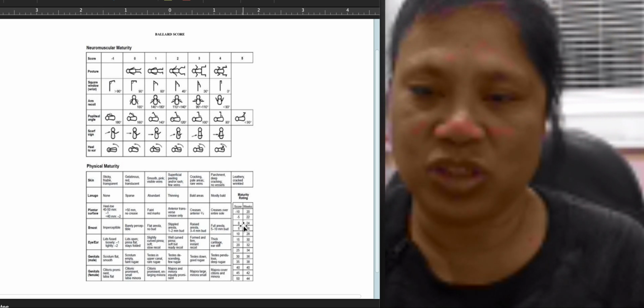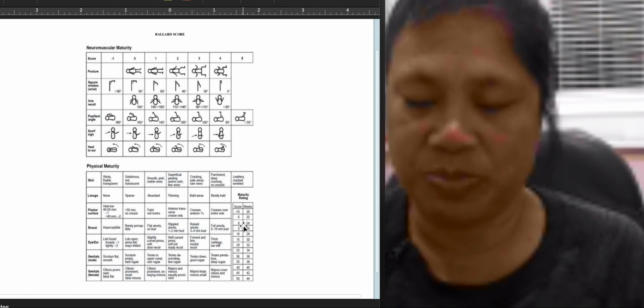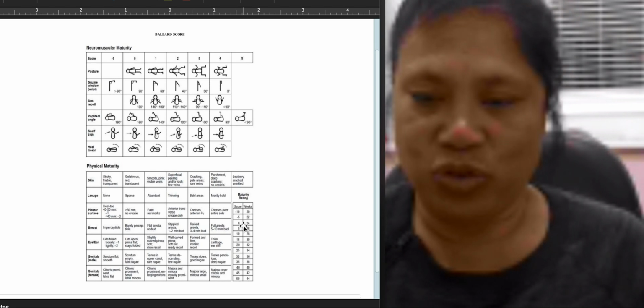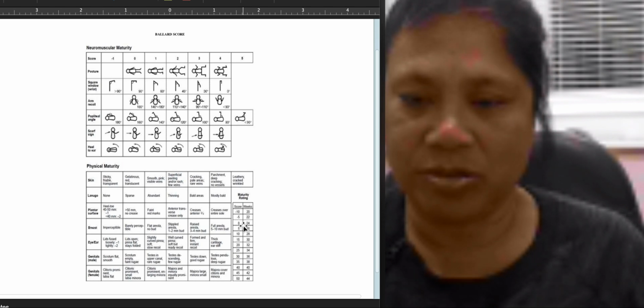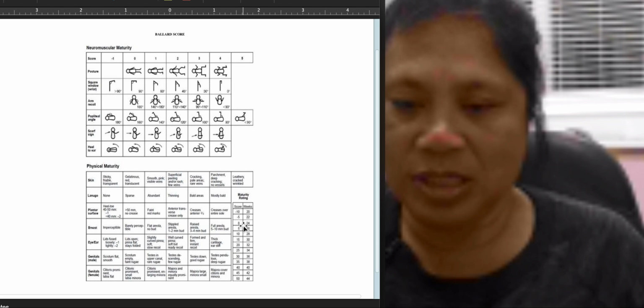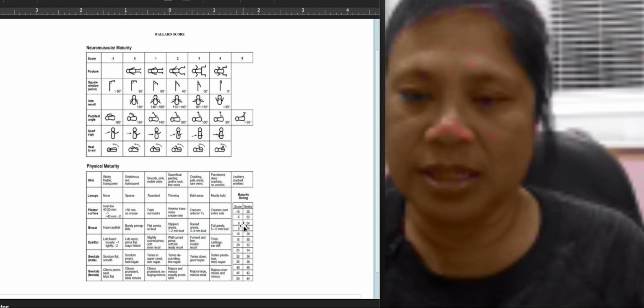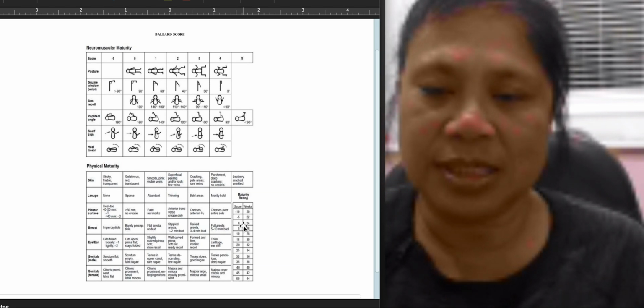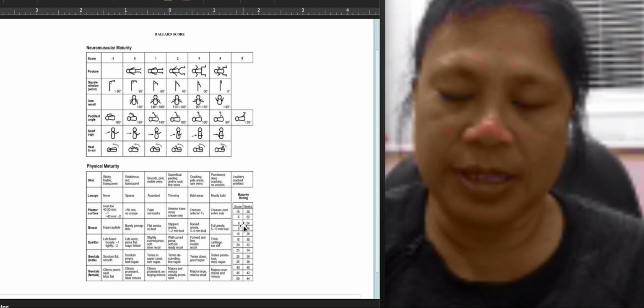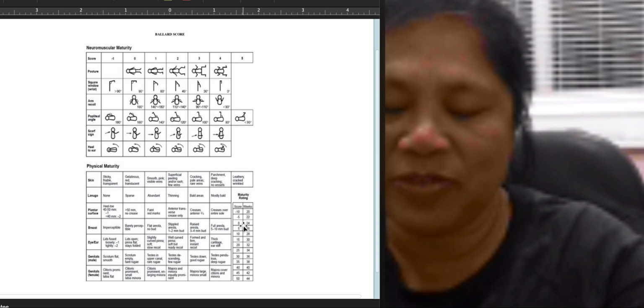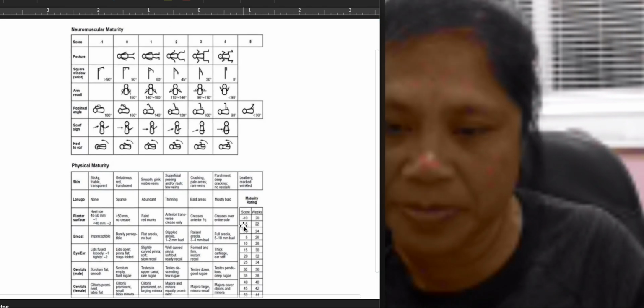They have two sections here: the neuromuscular section and the physical maturity section. The physical maturity section covers findings such as the skin, lanugo, and plantar surface. The other section is more about the reflexes and how flexible they are. You can read these at your leisure.